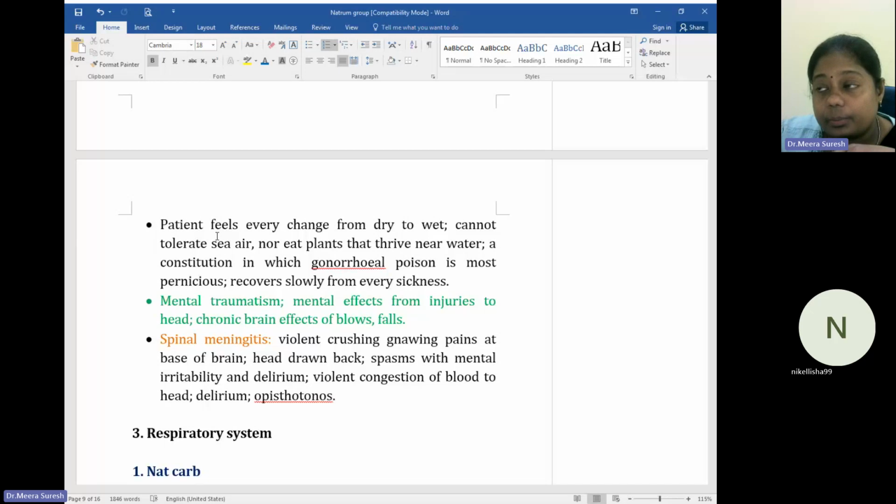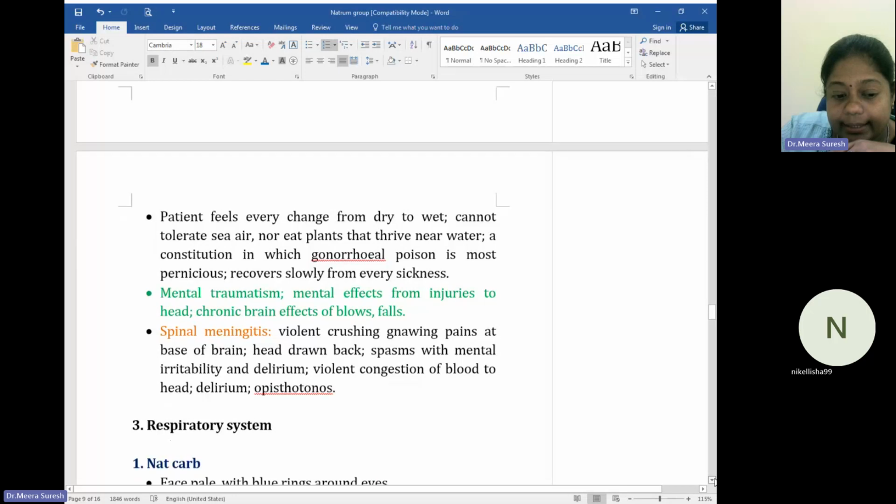So for the basal or spinal meningitis, another important remedy which is good for spinal meningitis or basal meningitis is tuberculinum. They also have similar symptoms. And there is opisthotonus. So that's about the head.